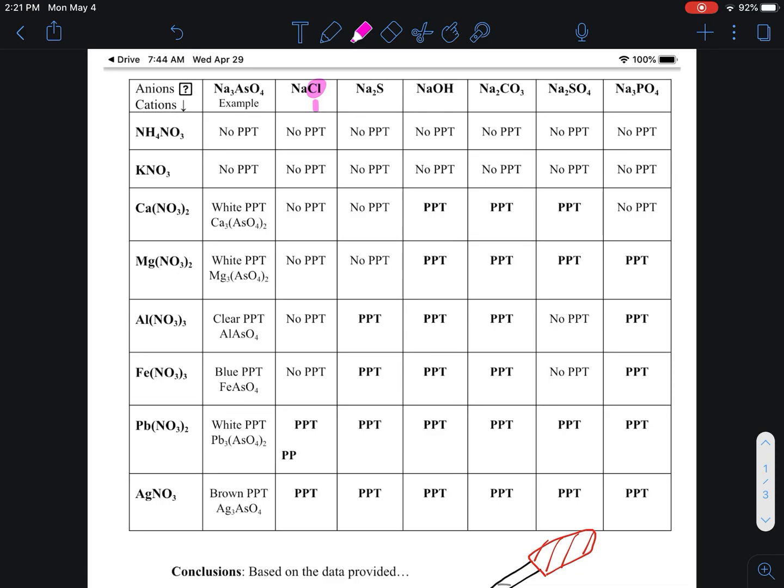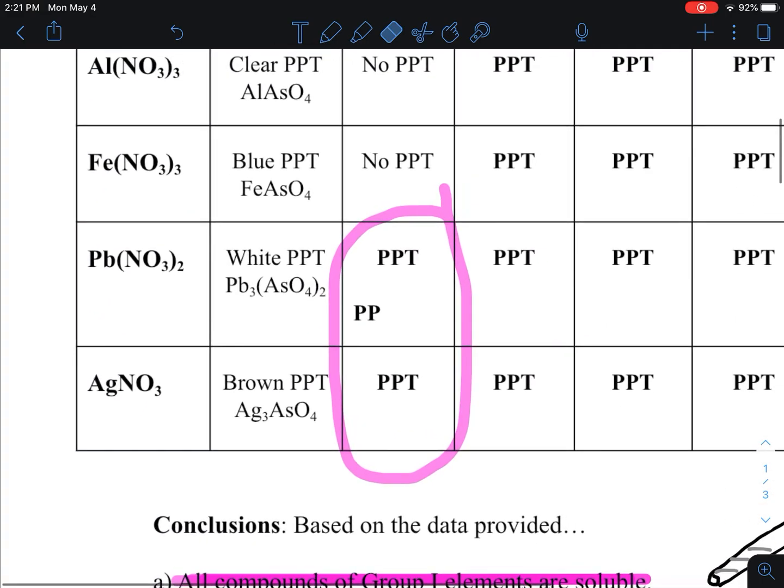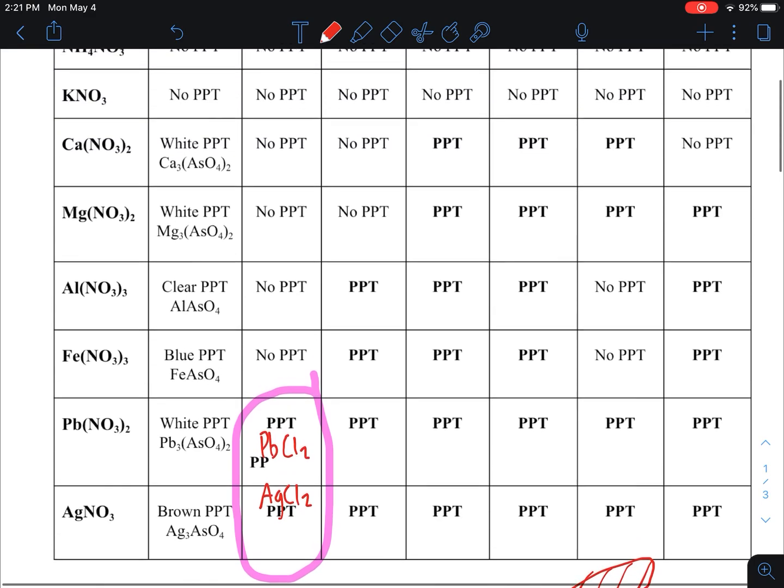For instance, let's follow this down. Notice that when chloride is reacted with lead and silver, a precipitate forms. That's because we form a compound. The precipitate in this case is going to be PbCl2, and in this one it's going to be AgCl2. So those are two precipitates that form.